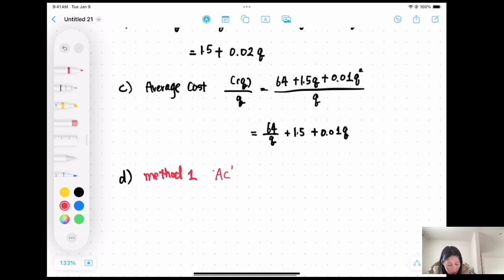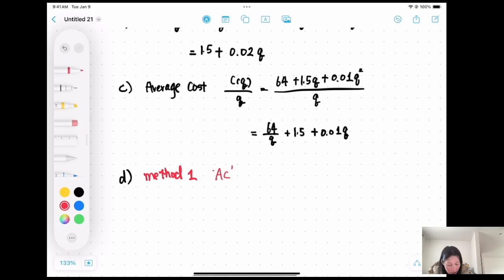So part C and part D is finding the minimum average cost. So we can take the derivative of the average cost. So I have 64 over q plus 1.5 plus 0.01q, and take the derivative.